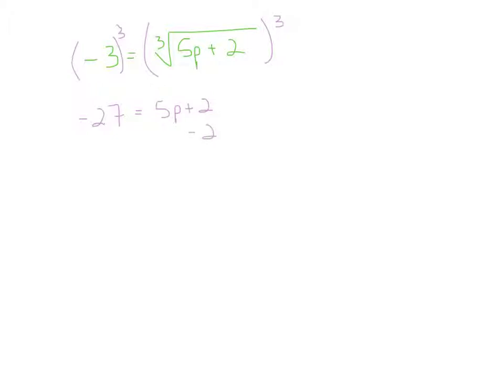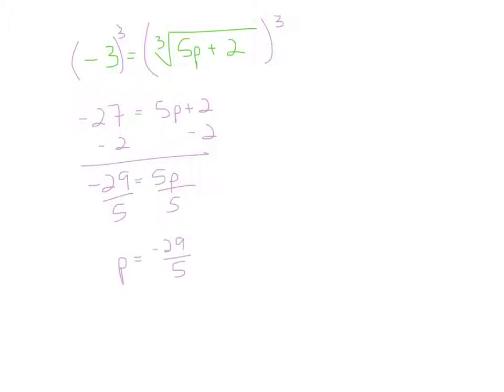And then you're going to solve this for p here. So we subtract 2. Make sure I wrote it down right. Okay, negative 29 equals 5p, divided by 5, and p equals negative 29 fifths.